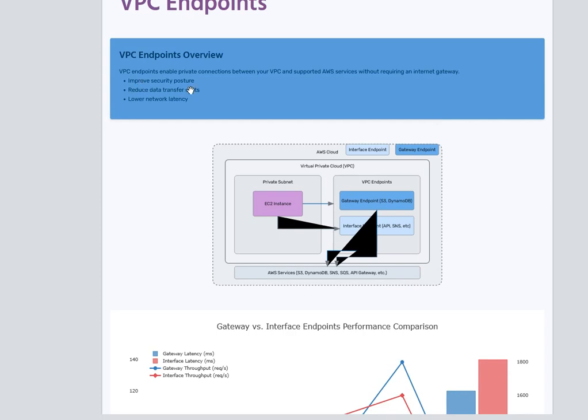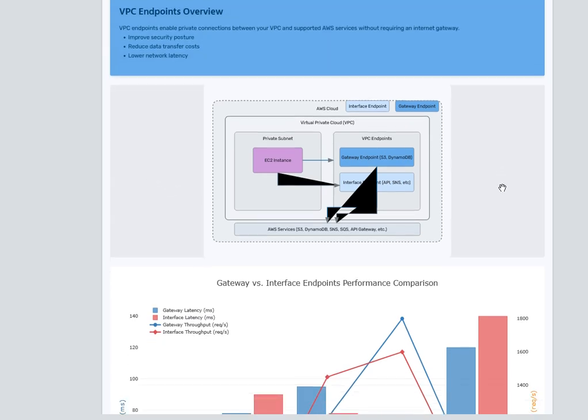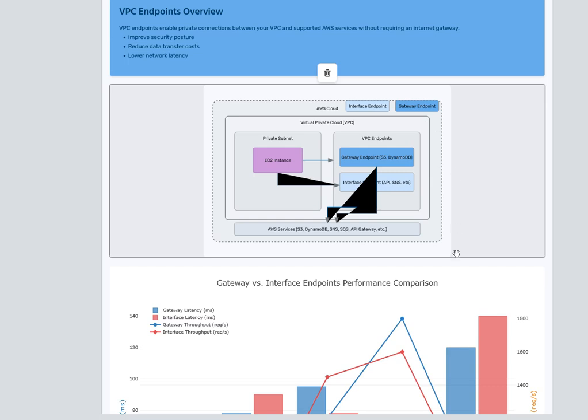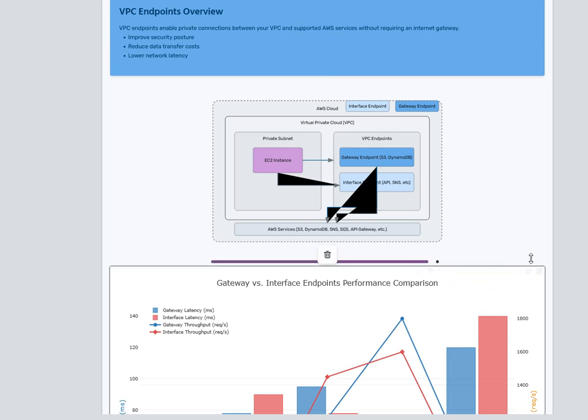This improves security posture, reduces data transfer cost, and lowers network latency. Use a gateway endpoint for S3 and DynamoDB, and an interface endpoint for everything else.